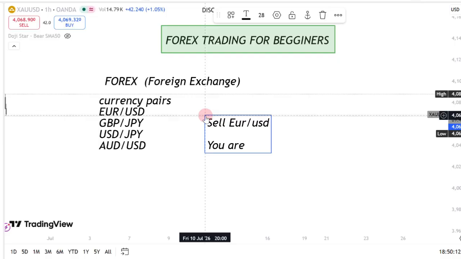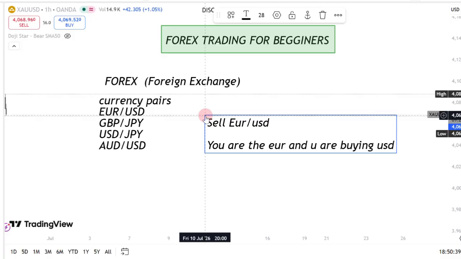That's how it is. It's very, very simple. You are selling euros and you are buying USD.